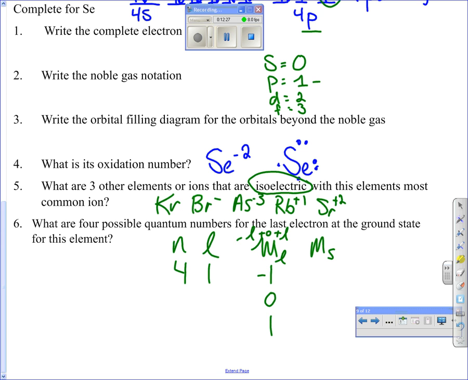It's always a choice for orientation. So that's why there are 3 p orbitals, because of those 3 orientations. And the last one's really easy. The spin quantum number, you can either put a plus or a minus 1/2, which shows the spin. So this is just some basic information about how to do electron configuration and all the things you can find out about an element on the periodic table.